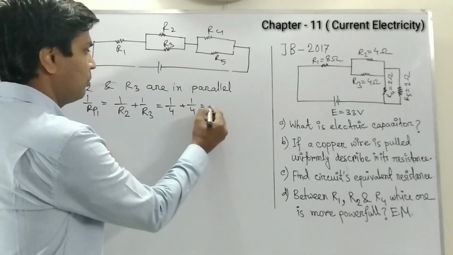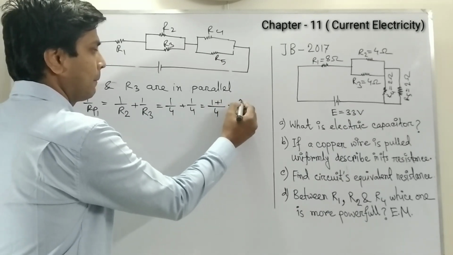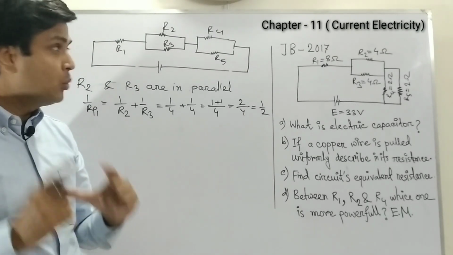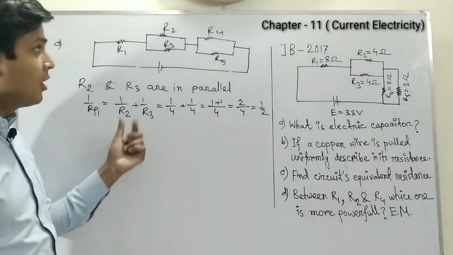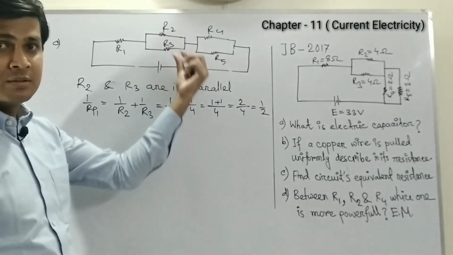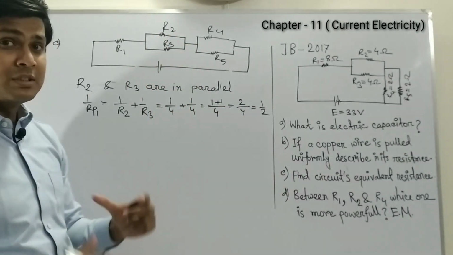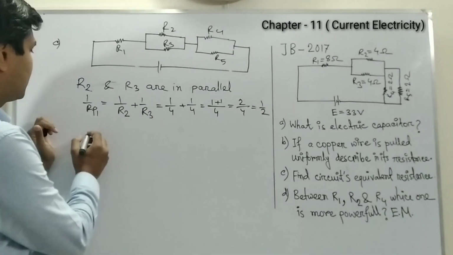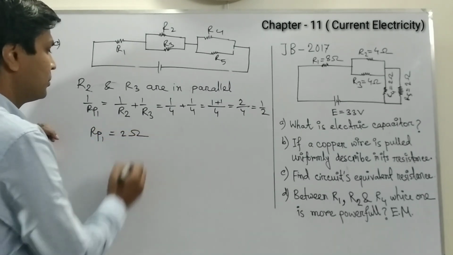So the LCM will be 4, and 1 plus 1 means 2 by 4, that is 1 by 2. So if you have similar resistances, the equivalent resistance of the two will be half if they are in parallel combination. So we can write here Rp1 equals 2 ohm.